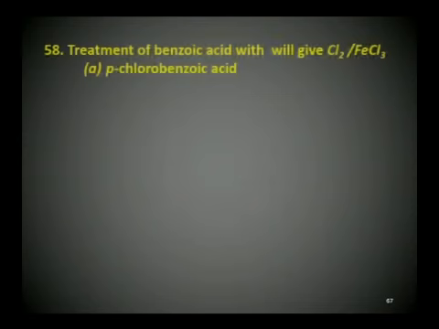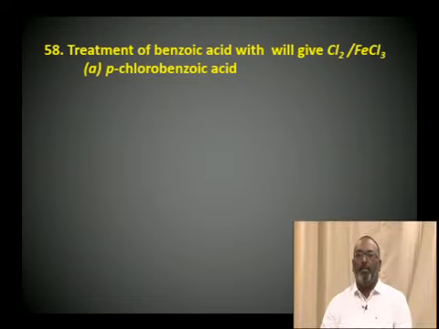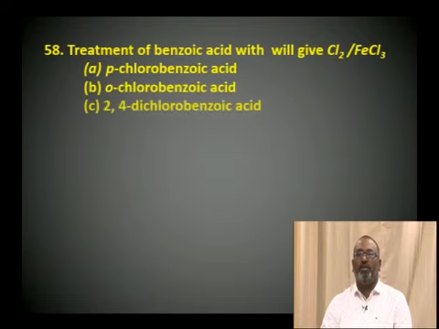Question number 59. The treatment of benzoic acid with chlorine and FeCl3 gives para-chlorobenzoic acid, ortho-chlorobenzoic acid, 2,4-dichlorobenzoic acid or meta-chlorobenzoic acid.